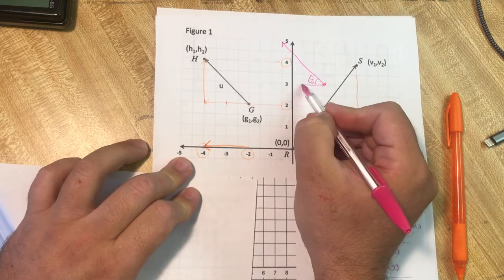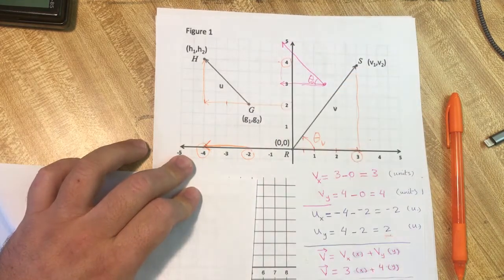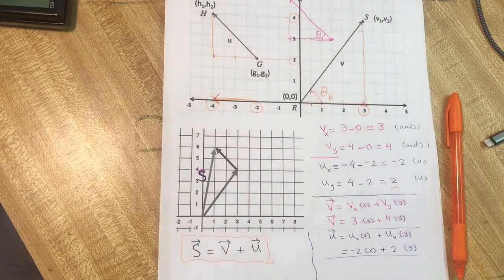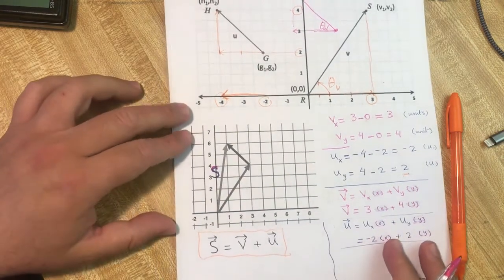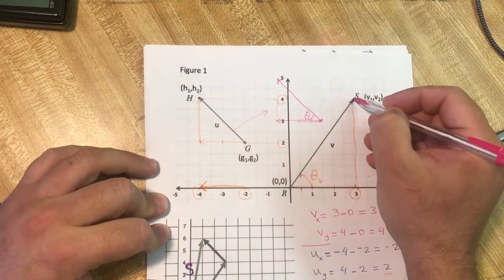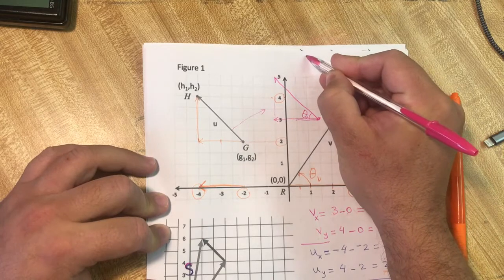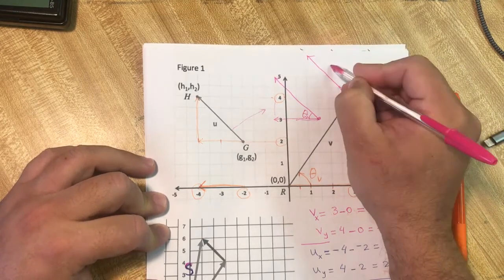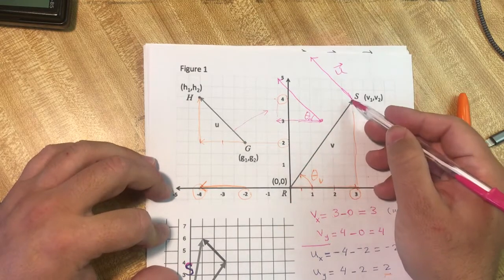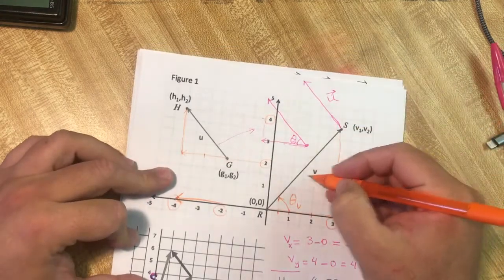It is 2 units in negative x direction and 2 units in positive y direction. What if we need to add them together? It is easy. We need just to drag the vector u and put it at the end of v. So this is the addition process, vector u plus vector v.